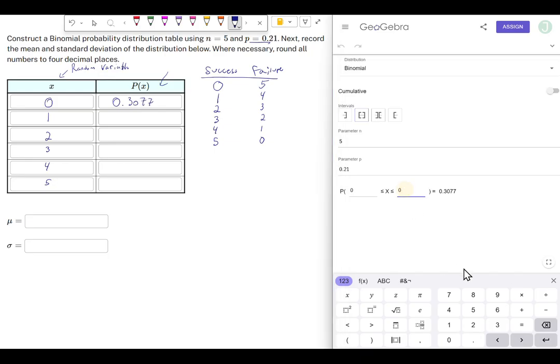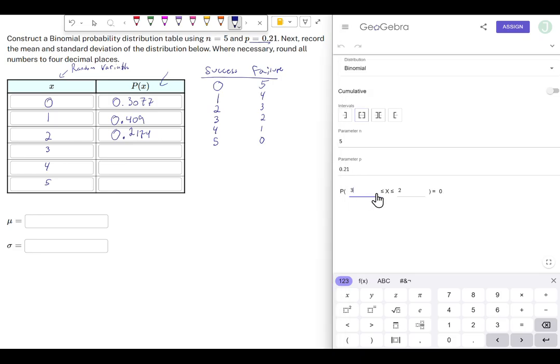Then we could change this to 1, and this to 1, which would be 0.409. And then we could change both endpoints to 2, which would give us 0.2174. And then we could change this to 3.